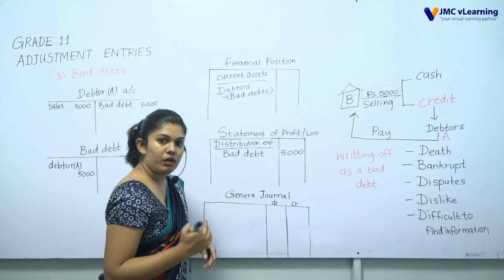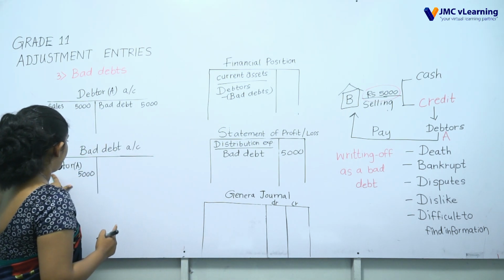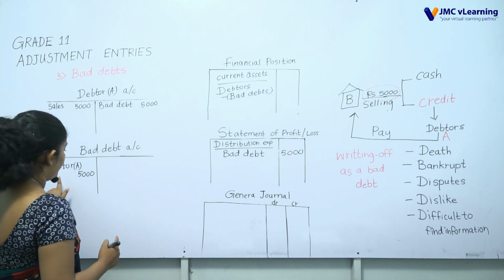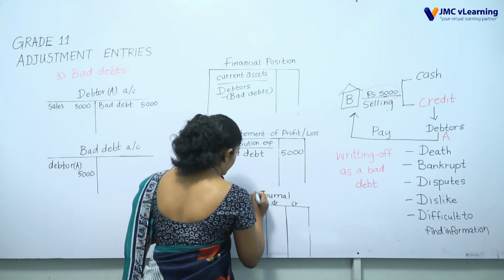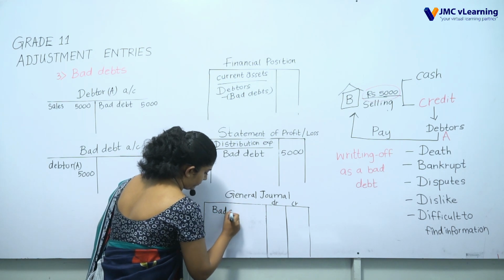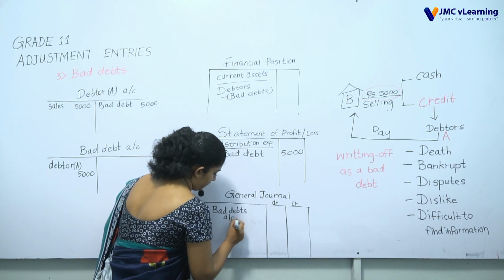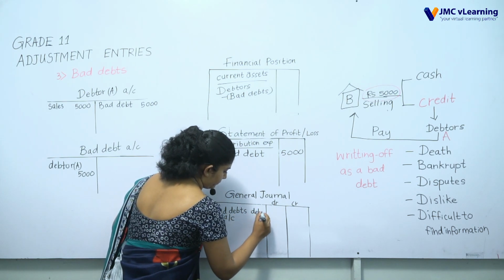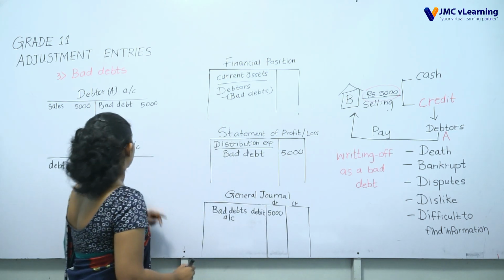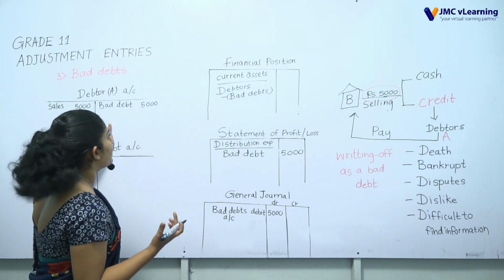Journal entry for bad debts. As usual, we'll look at the debtors account and bad debts account. Bad debt account, debit, in the general journal, 5,000, and debtors account, the personal account, is credited.